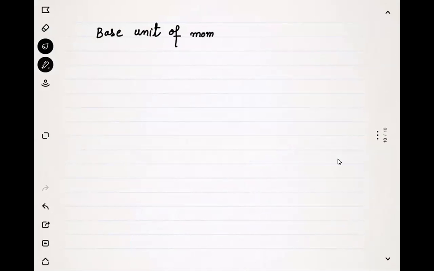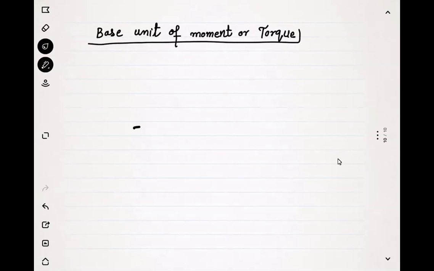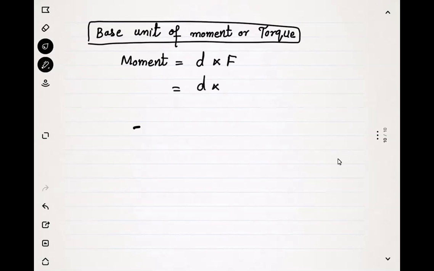And the base unit of moment or torque would be, we can write its formula as moment is equal to d cross F. So it is d cross ma, and if we substitute the units, d could be written in meters, and m is in kilograms and a is in meter per second square.